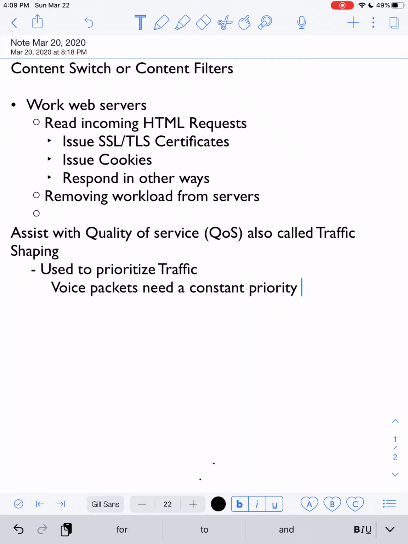And in here, it's okay if we drop a packet or two. What's important with voice is that the packets arrive at very specific times.